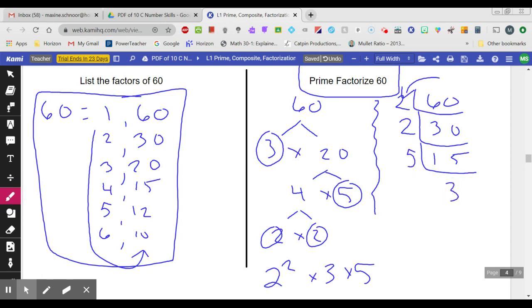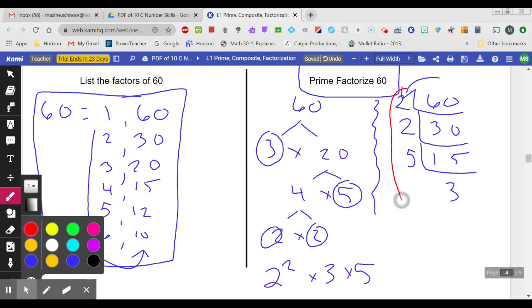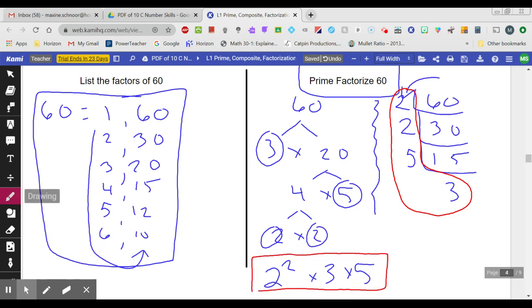So 5 goes in 3 times. So then my answer is 2 times 2 times 5 times 3, which is the same as saying 2 squared times 3 times 5. Okay, now the order in which you write the numbers is irrelevant. I just want to see a 2, a 2, a 3, and a 5 all multiplied.